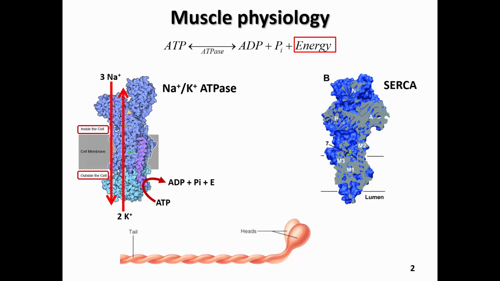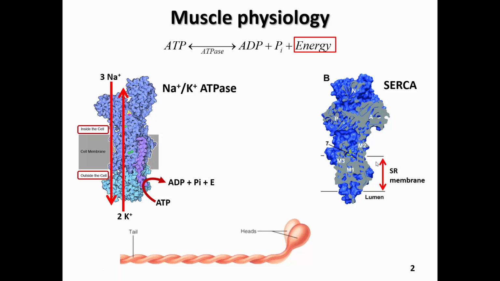Another protein that will be discussed in a little bit in a later segment is what we call SERCA. And SERCA is a protein embedded not in the exterior cell membrane, but within the sarcoplasmic reticulum membrane, which has a similar structure to the cell membrane.